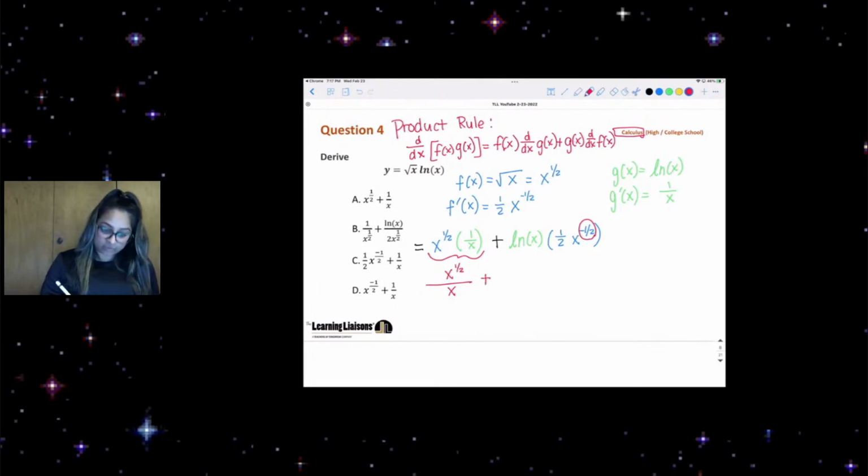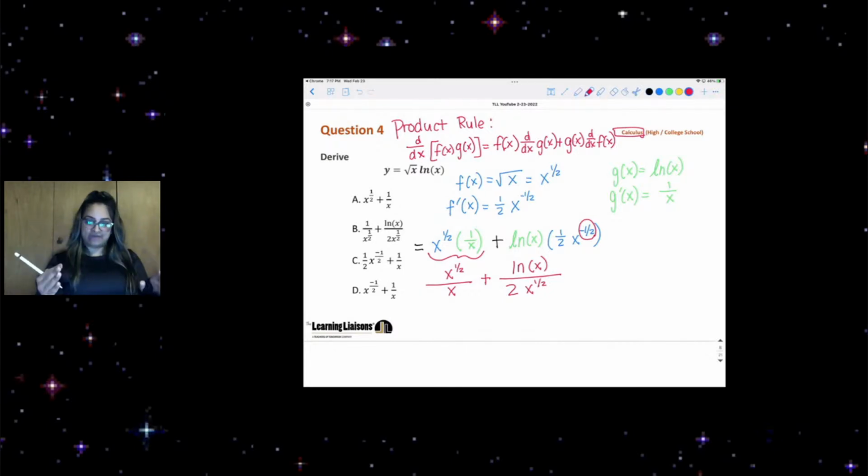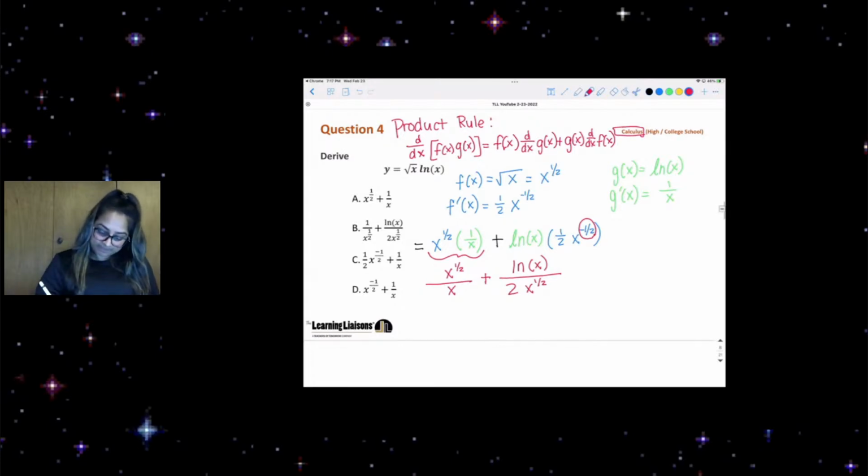So I will add ln of x all over 2x to the half. Well, where did the 2 come from? It's the 1/2 power. The same as saying ln of x all over x to the half times the half.